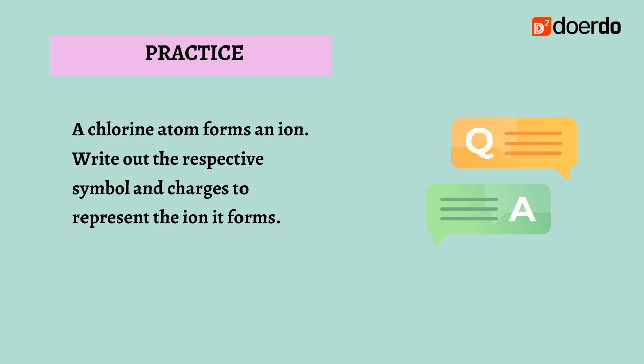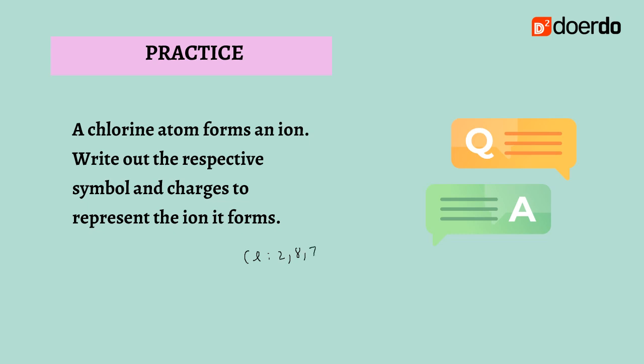For further practice, a chlorine atom forms an ion. Write out the respective symbol and charges to represent the ion, which we did earlier. So if you recall, chlorine on its own is an electronic configuration of 2, 8, and 7.